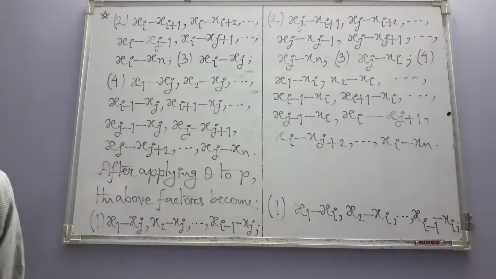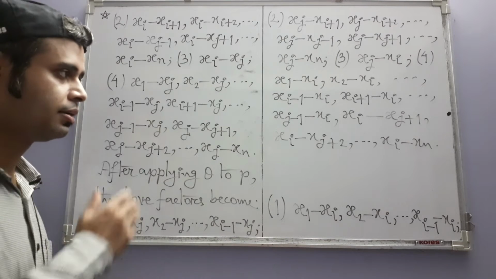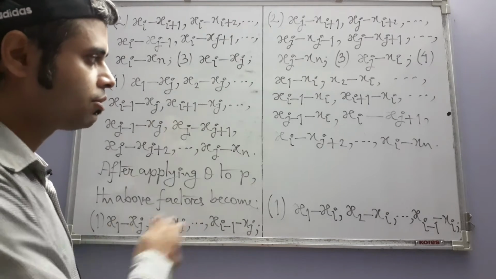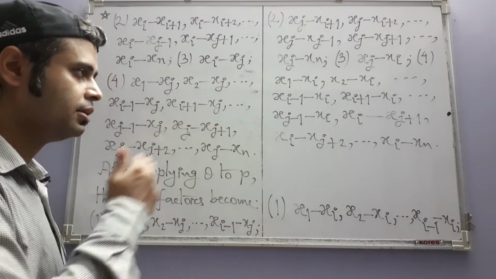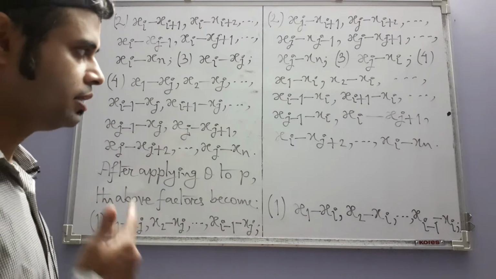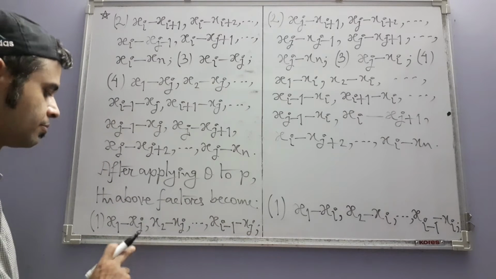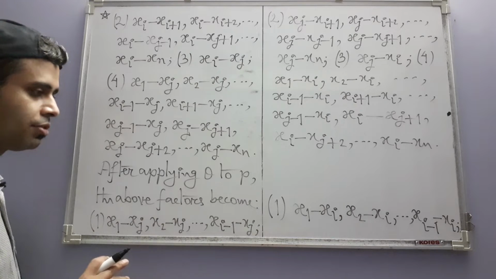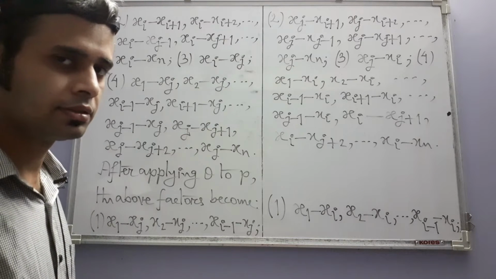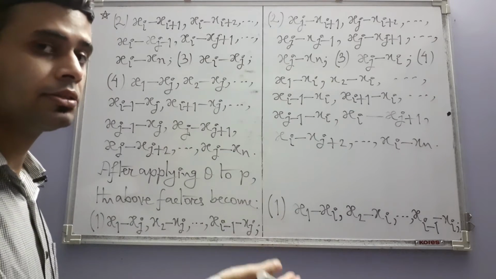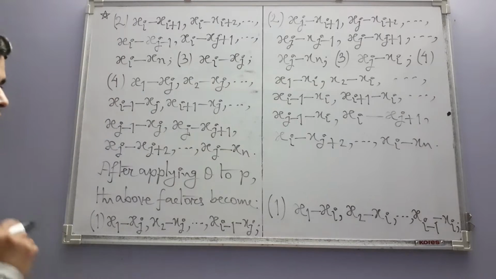Now we need to see which factors can be just simply kept the way they are, and which factors have to be changed, in the sense that we don't really need that factor, but rather we need its negative. The reason being that in some of the factors, after they have suffered these changes, the first suffix has become greater than the second suffix. That is the problem, because that factor originally will not be in our polynomial, but rather its negative will be in the polynomial. So let us see.